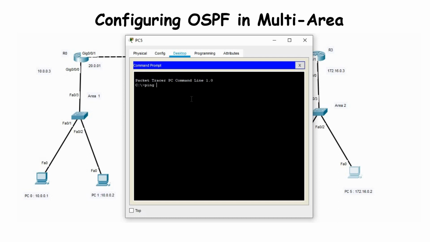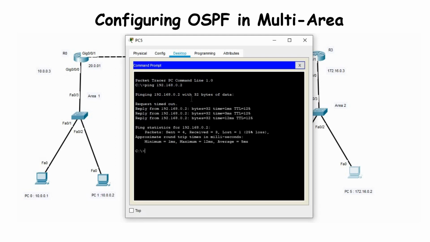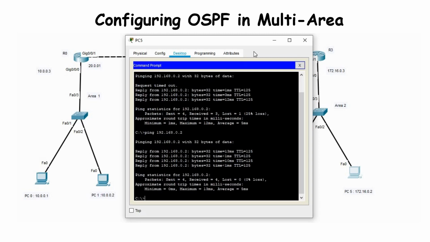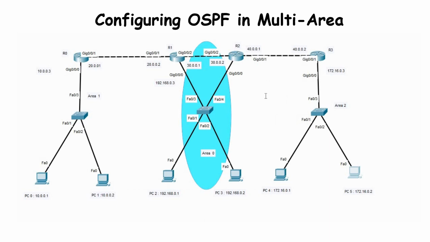It is ping 192.168.0.2. And we are getting a good response back. Try again and we won't get the request timeout. This is how we configure multi-area OSPF. Here router R1 and router R2 are area border routers, which have interfaces in both areas.